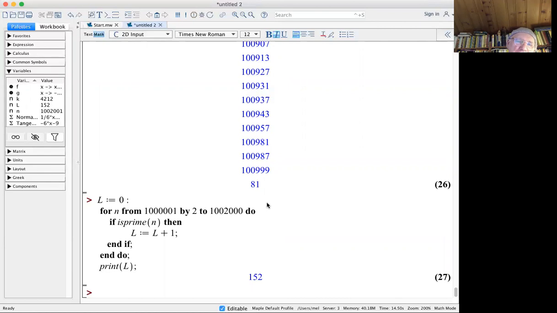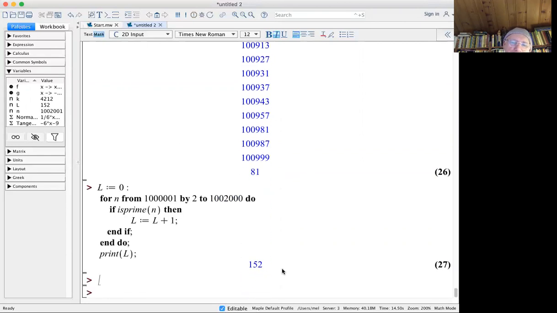I can list them out if I want, but in that interval of length 2,000, there are 152 primes. Right? So this is very important. Let me just say, you just learned how to program in Maple. That's pretty nice.